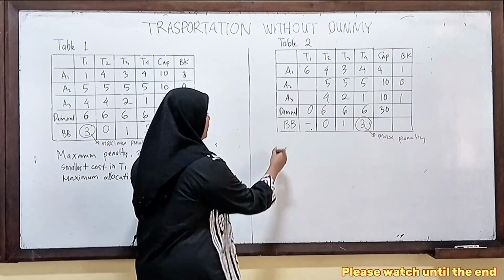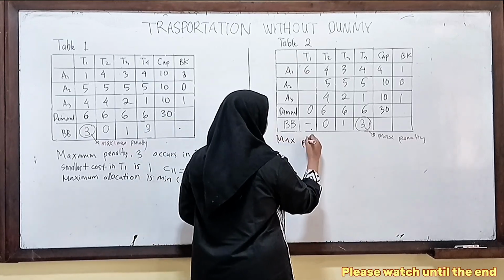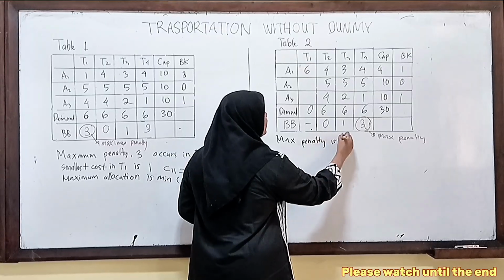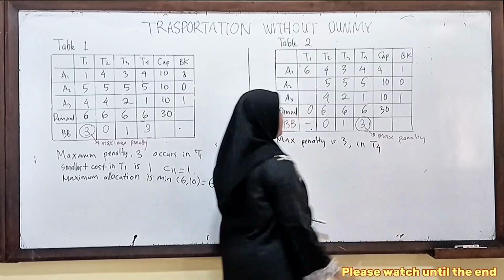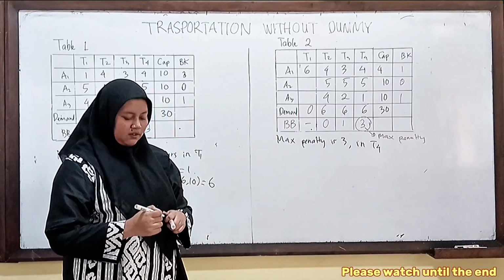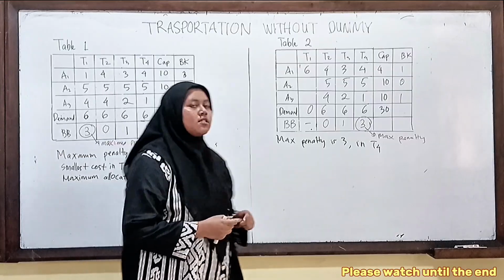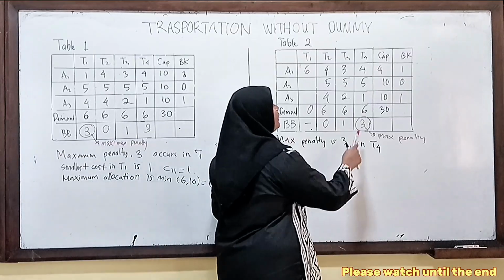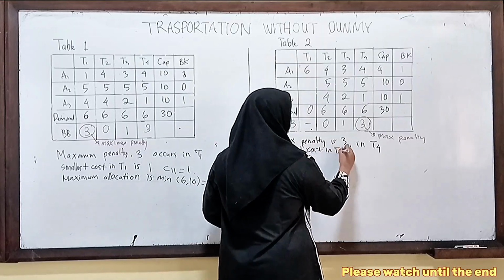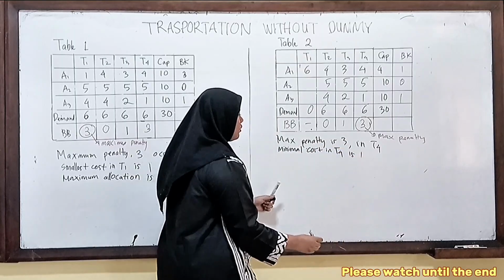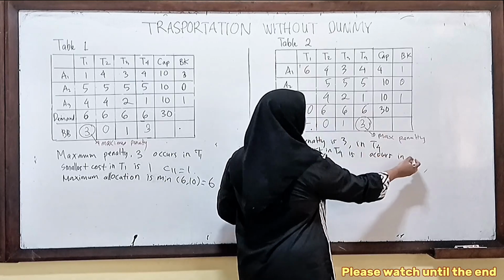We can write the max penalty of 3, which occurs in column 4, or T4. Then we look for the minimal cost in T4, which is 1, occurring in C34.